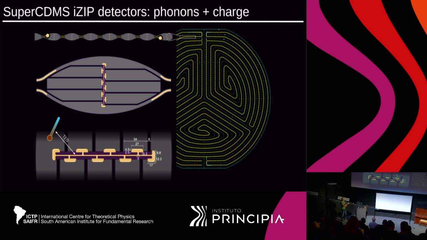These are collecting the phonons that are produced in the crystal and giving you a signal outside. In between these lines, which are just a string of transition edge sensors, you have another line that is just there as a contact to collect charge, okay? That is producing your sensor.